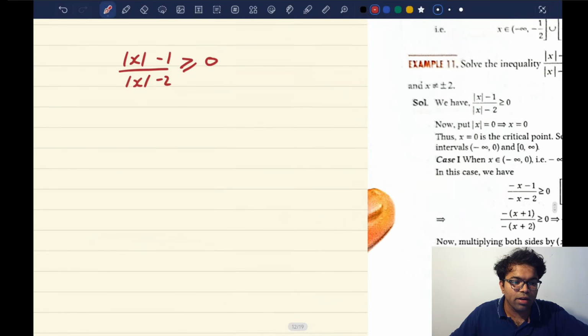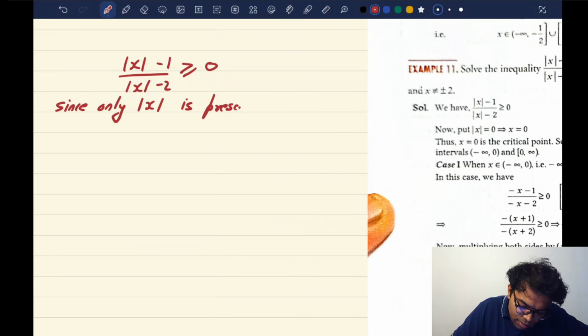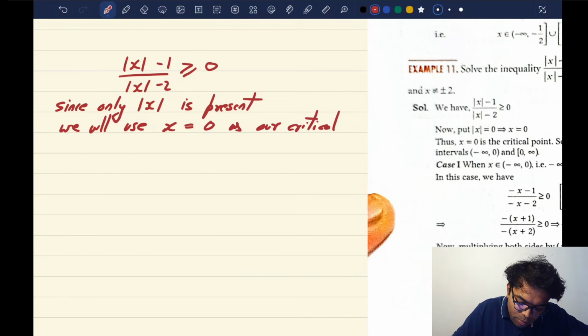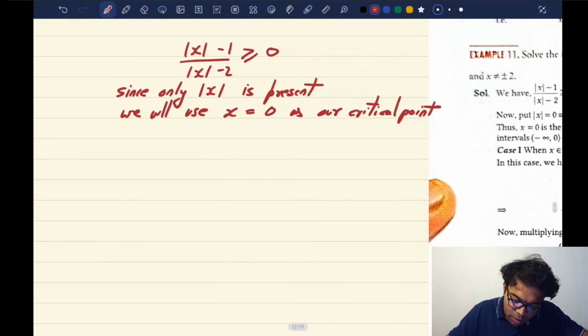Now there, since there is only one modulus symbol, we will use x is equal to 0 as our critical point. Modulus of x means what? Only x is equal to 0 is now a critical point.